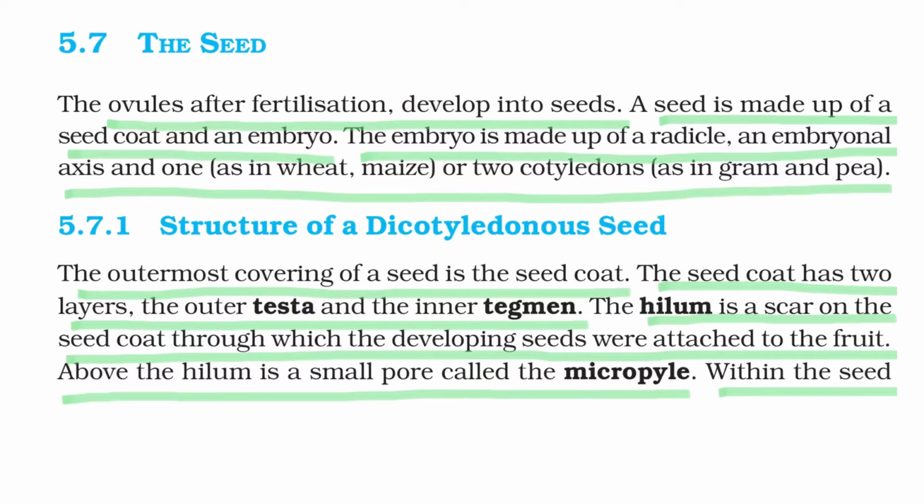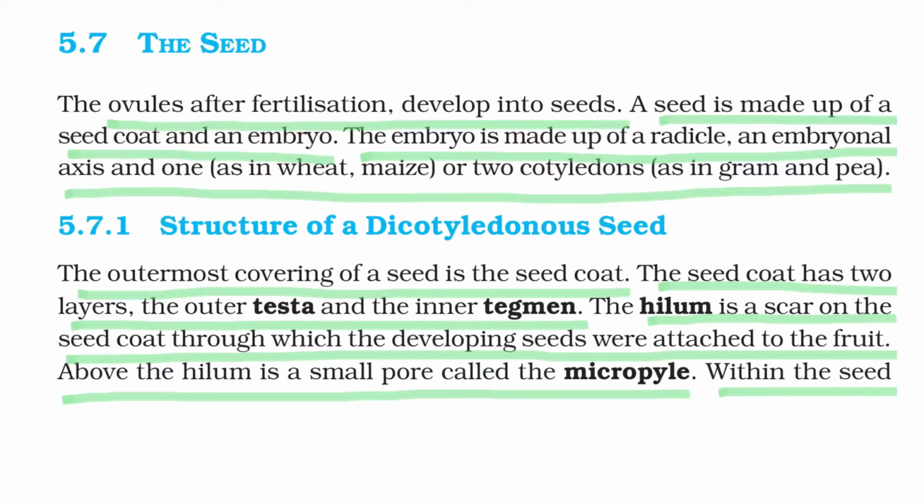If you separate them, the outer layer is known as testa and the inner layer is known as tegmen. The outer layer will have different colors depending upon the seed, and the tegmen will be a transparent layer.